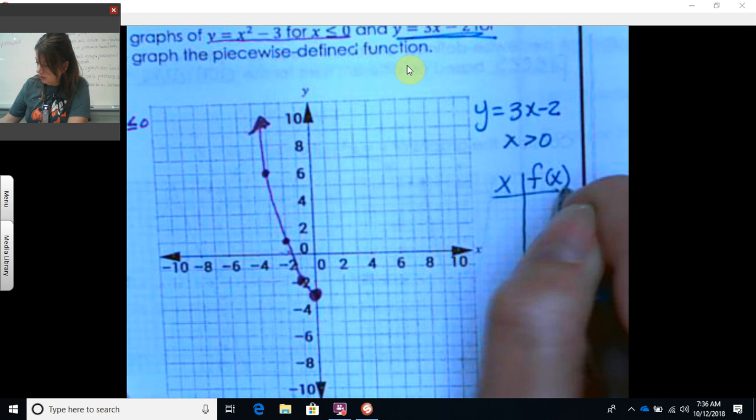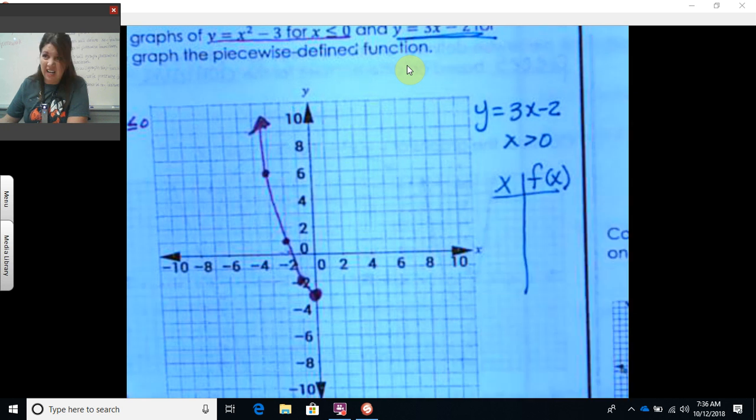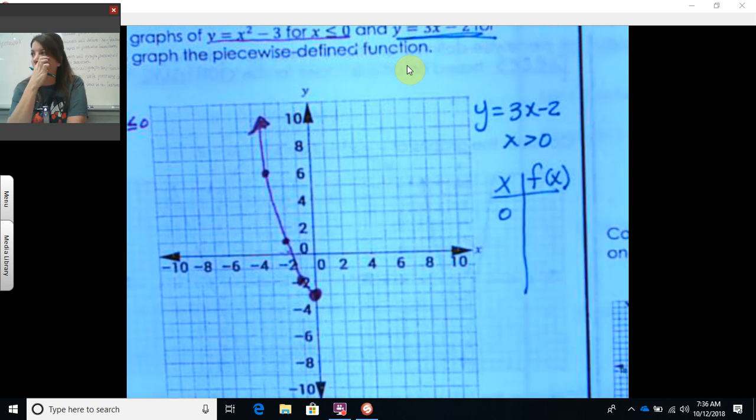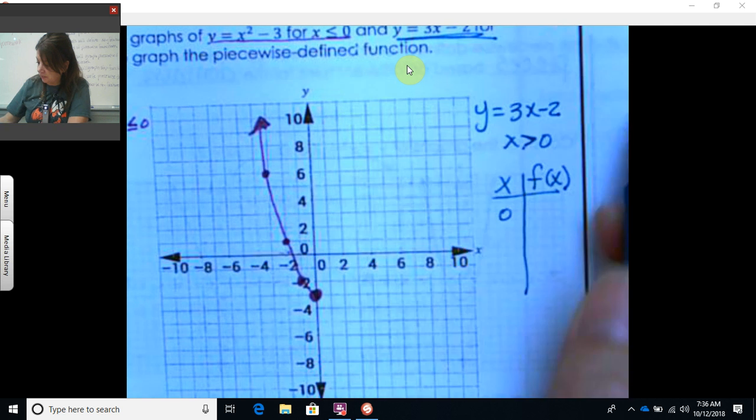Am I going to use the number 0? I am, because it's going to be my starting point, but I know when I plot it, it's going to be an open circle, okay? Because you still want that as a starting place. Does that make sense? And give me some numbers that are greater than 0. 1, 2, 3.